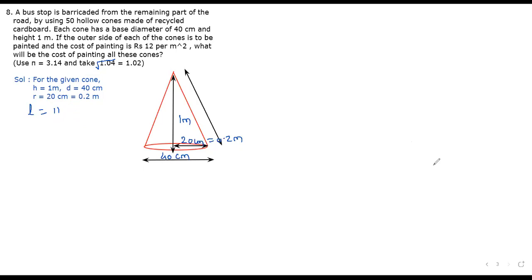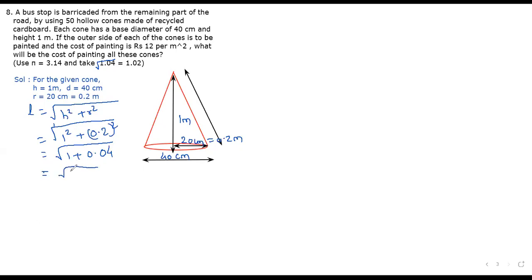L is equal to root of h square plus r square. 1 square plus 0.2 whole square. 1 plus 0.04, because 1 decimal square becomes 2 decimals, is equal to under the root 1.04, which they have given as 1.02 as the answer.